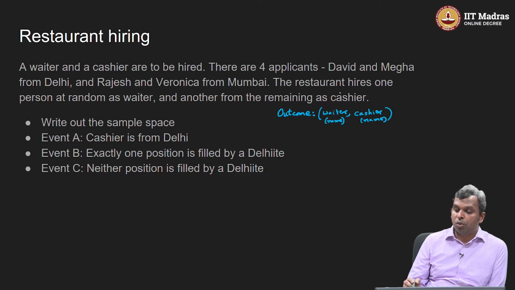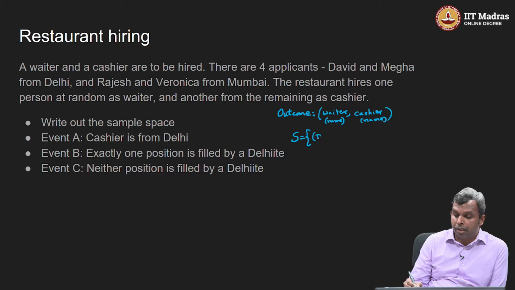So for example, you may have David selected as the waiter and Megha selected as the cashier, right? So that can happen. So David comma Megha might be one of the outcomes of this experiment. Okay, so what would be the sample space? Sample space is going to be the set of all possible outcomes, isn't it?